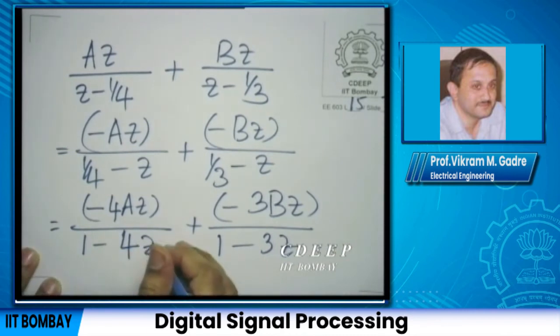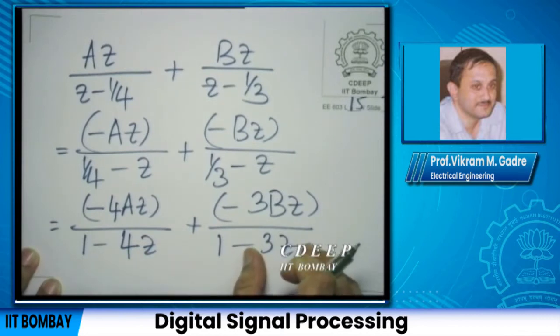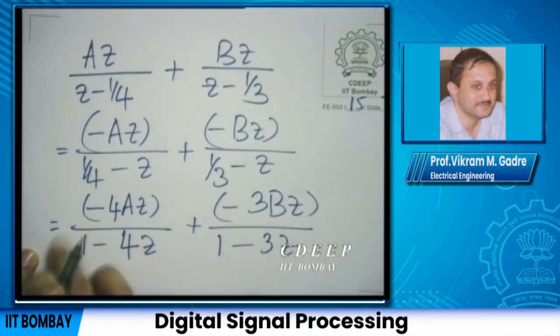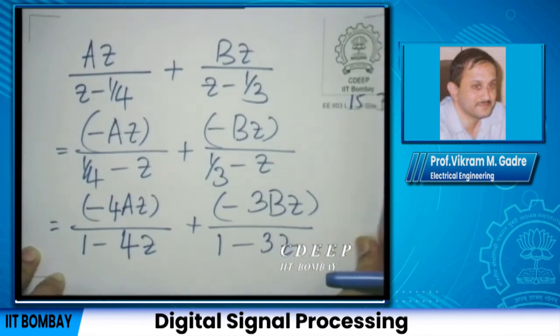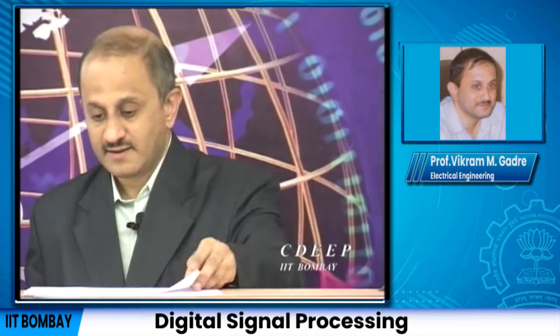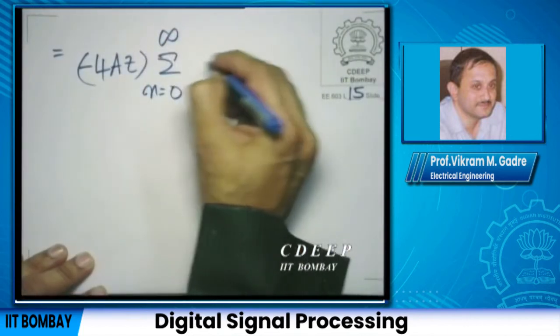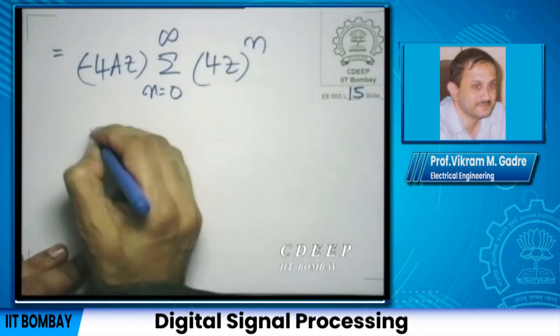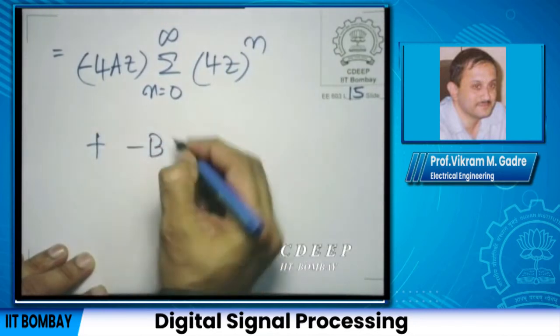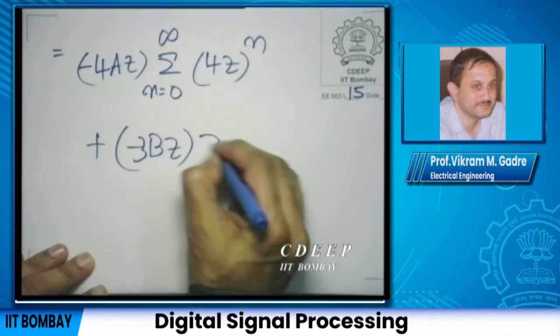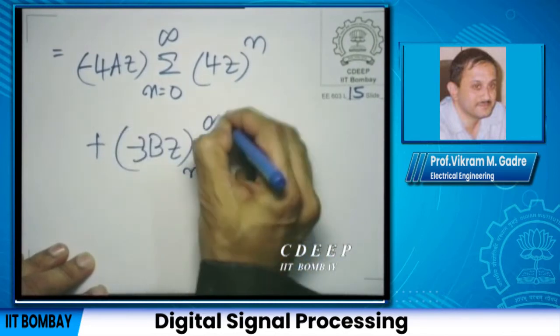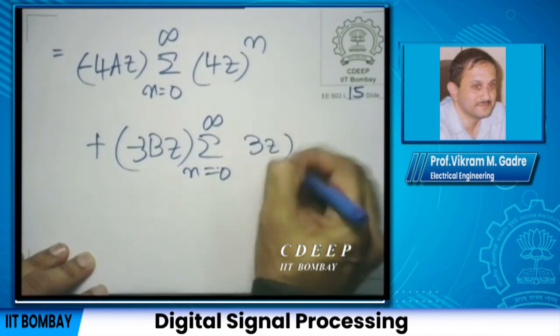And the key is, because mod 4z is less than 1 and mod 3z is also less than 1, you can expand these two terms in the following way. This becomes minus 4Az times summation n going from 0 to infinity 4z to the power of n plus minus 3Bz summation n going from 0 to infinity 3z to the power of n.